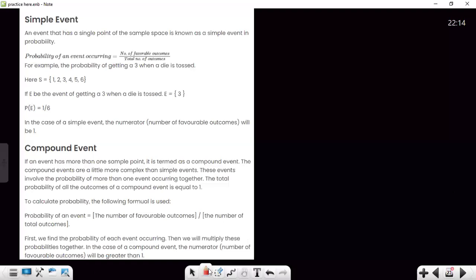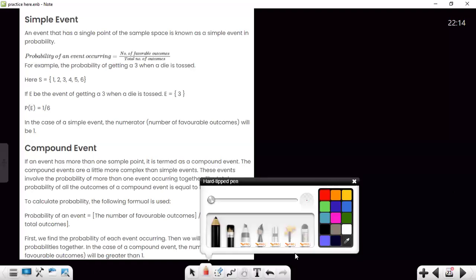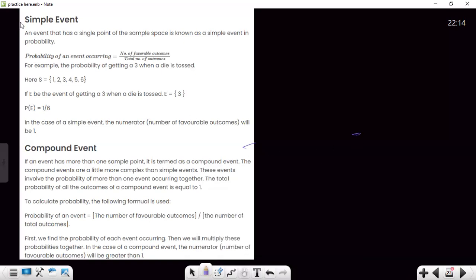Now let's study about simple event. An event that has a single point of the sample space is known as a simple event. It's very simple, very obvious.